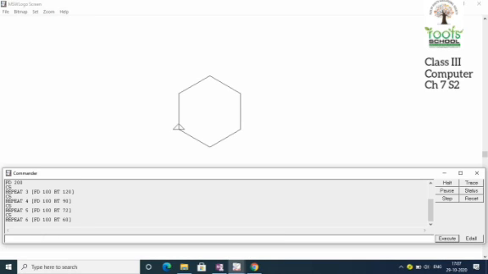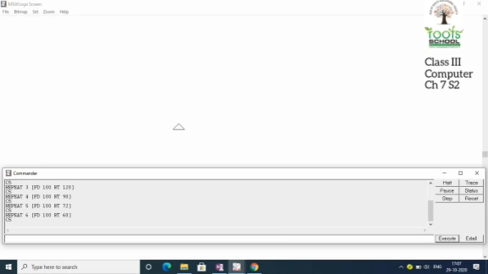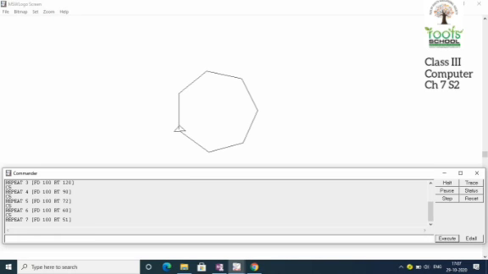And then you will get a figure like this. Then clear the screen, and if you want a 7 sided shape, repeat by 7 and take forward by 100, and again divide 360 by how many sides? By 7 sides. So when you divide 360 by 7, you are going to get about 51 as your answer. So this is a 7 sided figure.